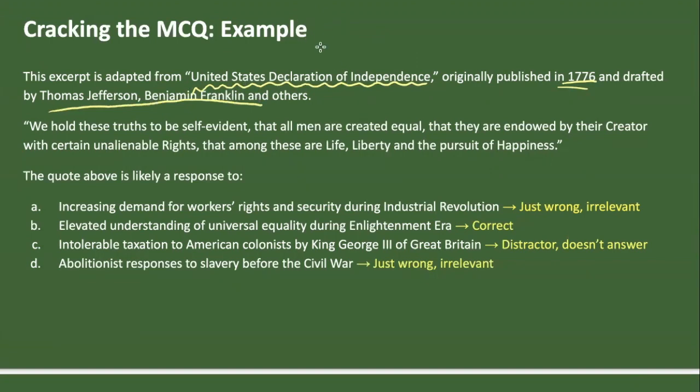So I know that during this period, they were trying to gain independence. Why? Because they were so mad at the taxation. And I know that a lot of new principles, like the idea of democratic institutions, were emerging.